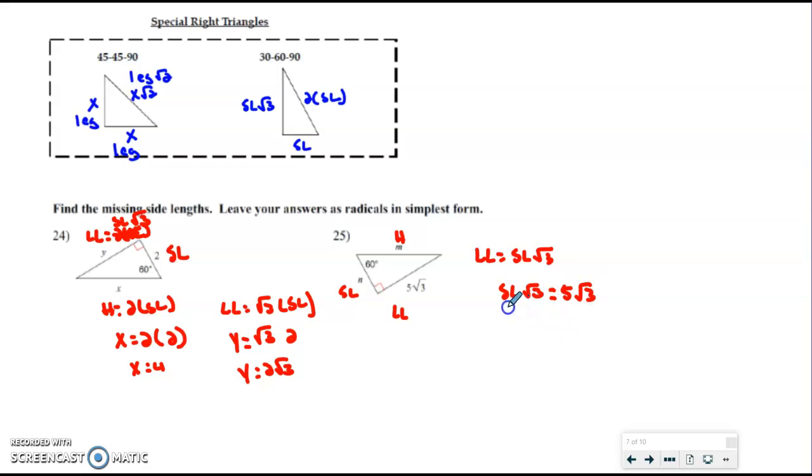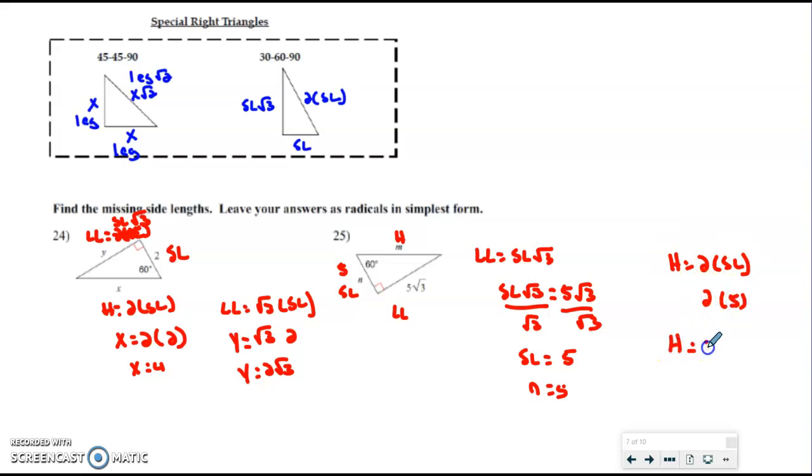So what would be my short leg? If I divide both sides by square root of 3, I get my short leg to be 5. So that means n is 5. Okay? So this value is 5, and my hypotenuse is twice my short leg. So I'm taking 2 times 5. So my hypotenuse turns out to be 10.